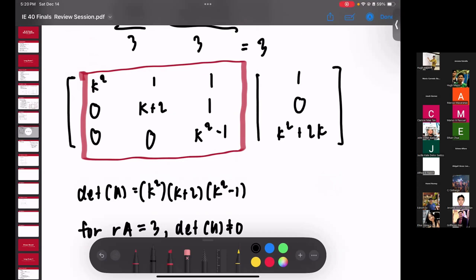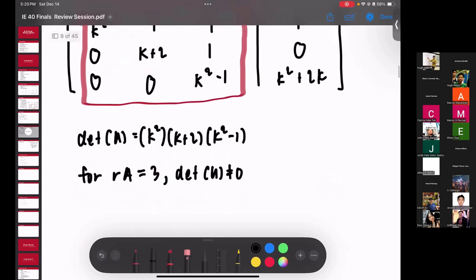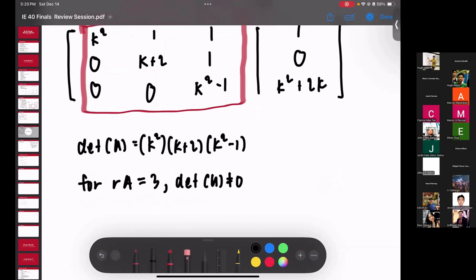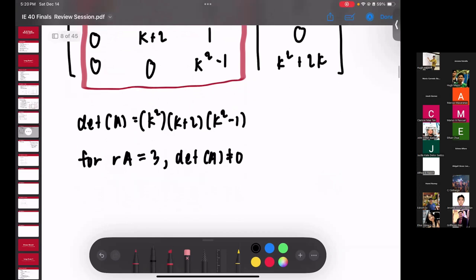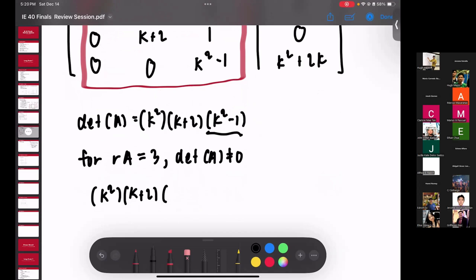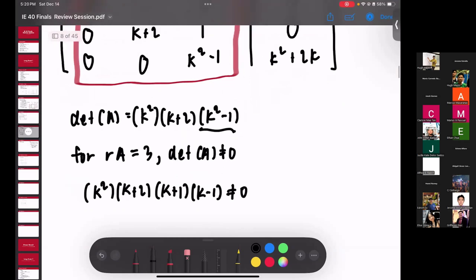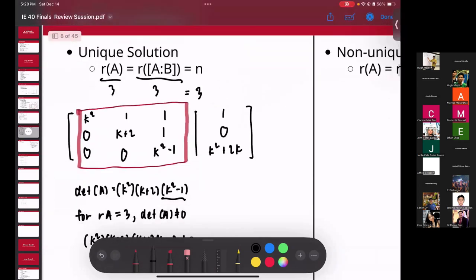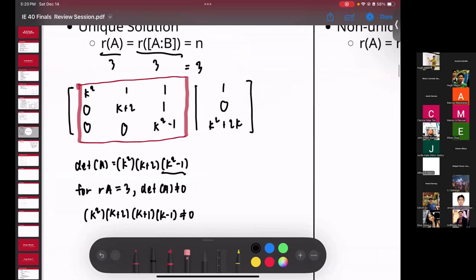It could be rank 2 or 1, but all we know is that it can't be rank 3. So the determinant cannot be 0. And therefore, since the determinant cannot be 0, this whole statement, which is the determinant of A, I'll just break this up into k plus 1, k minus 1. This cannot be 0. So this is for the left-hand side, the rank of A.